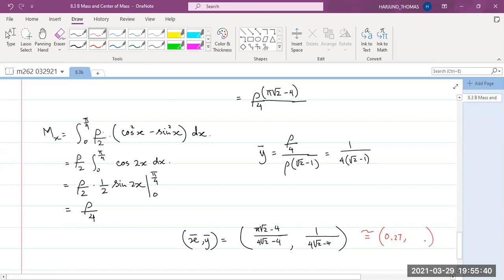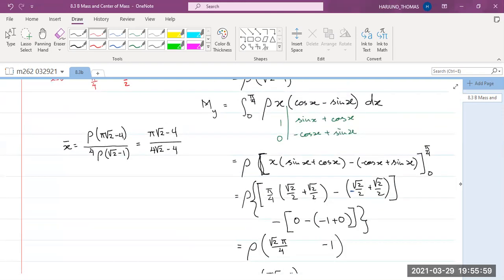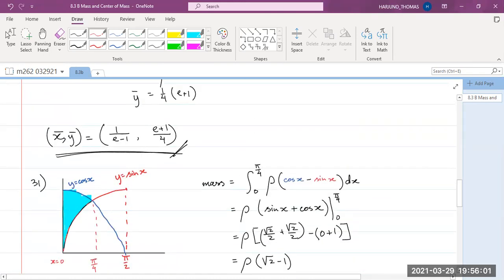And 0.60 approximately, if I round it to 2 decimal places. So approximately 1/4, this is 3/4 divided by, so approximately here.